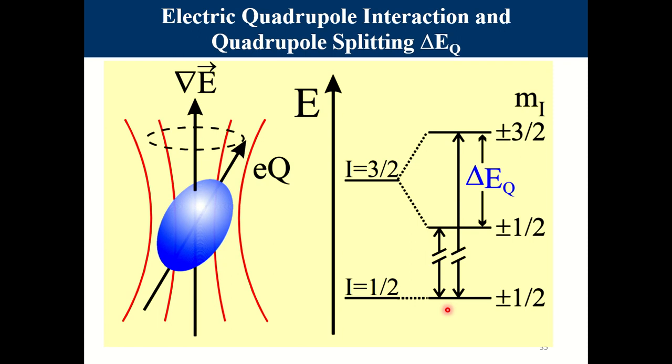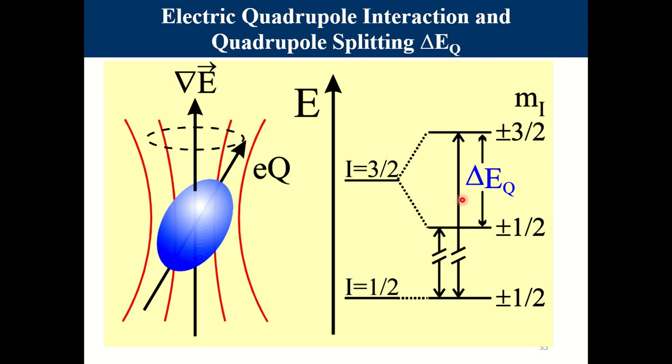Okay, so this is what is going to happen. Now if you have the ground state I equal to half, the charge distribution within the nucleus is spherically symmetric, there is no splitting. But when it goes to the excited state, the charge distribution becomes asymmetric and non-spherical.